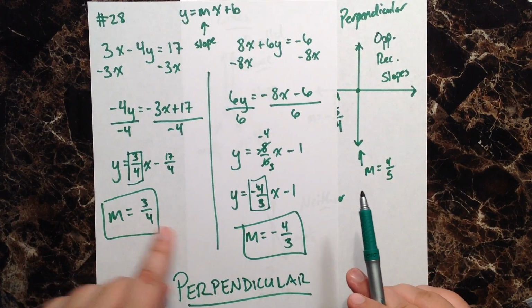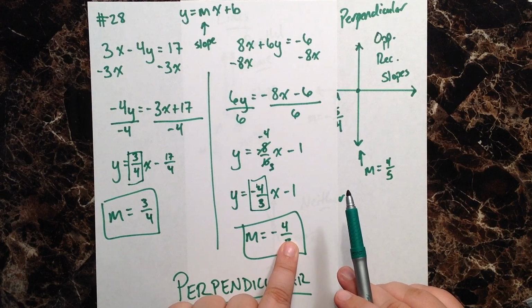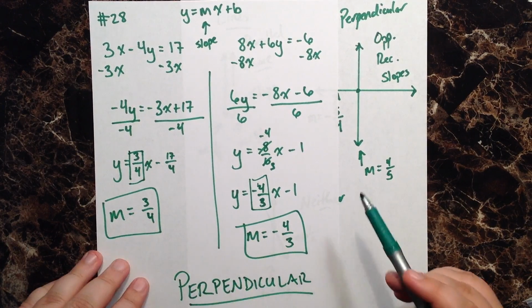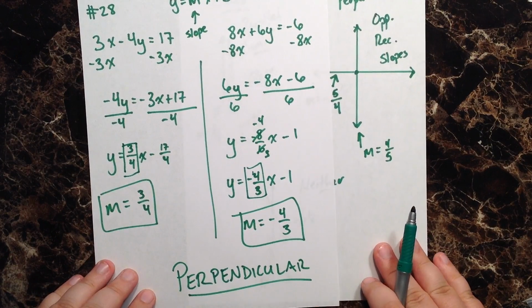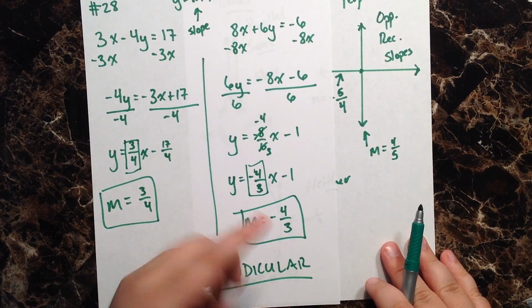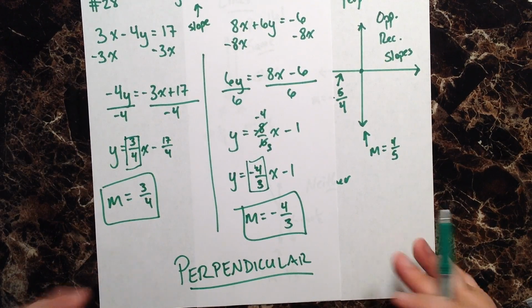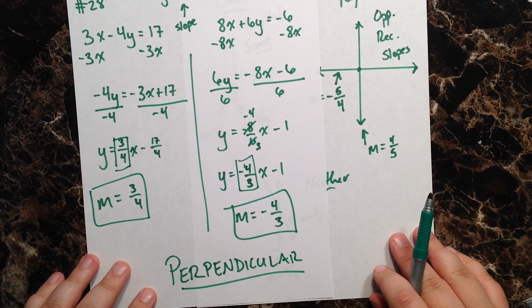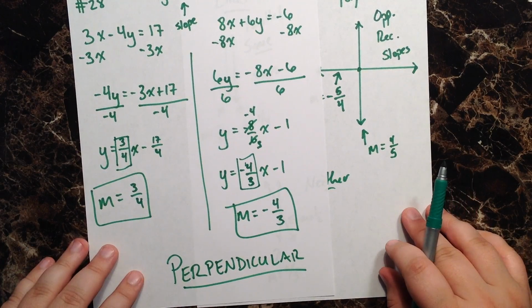Did we get m equals 3 over 4, m equals 3 over 4? No, we got m equals 3 over 4 and m equals -4 over 3, and so that is a perpendicular pair. But maybe this one was m equals 3 over 4, and this one is m equals 2 over 3, or 5 over 6, or some other combination. If it's neither, then these lines are simply neither.